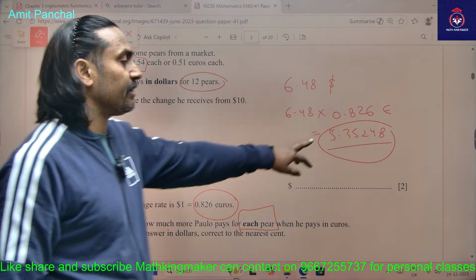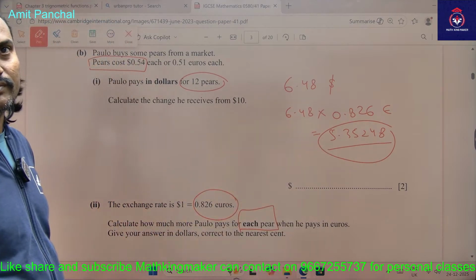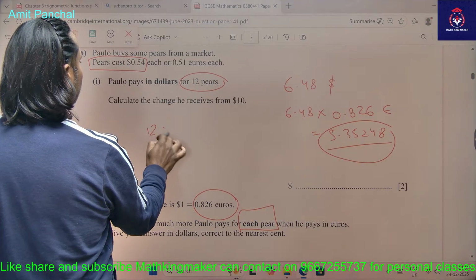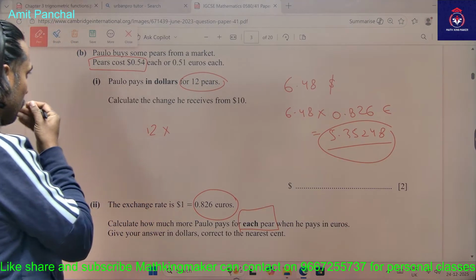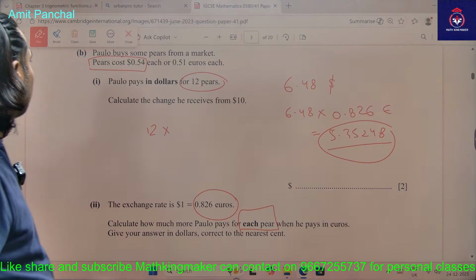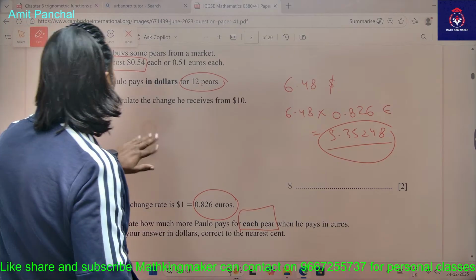This is the exchange rate. Okay. What is the price for 12 pears in dollars? The price for 12 pears in dollars is 6.48, right? Or do you directly find it in euros?